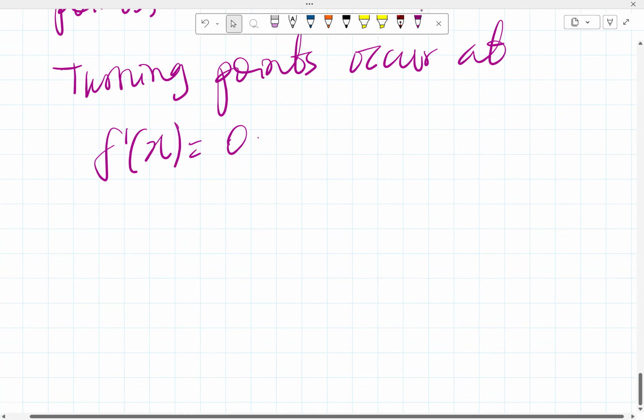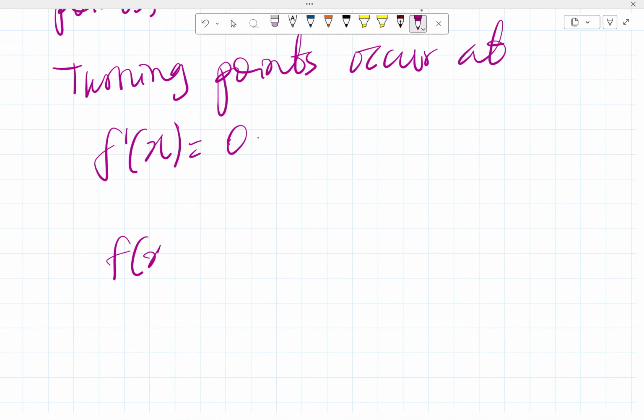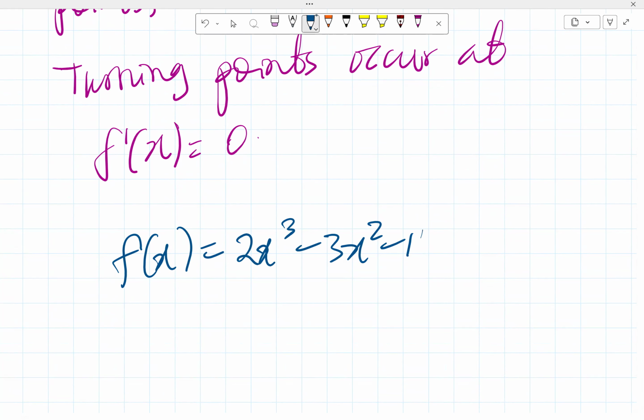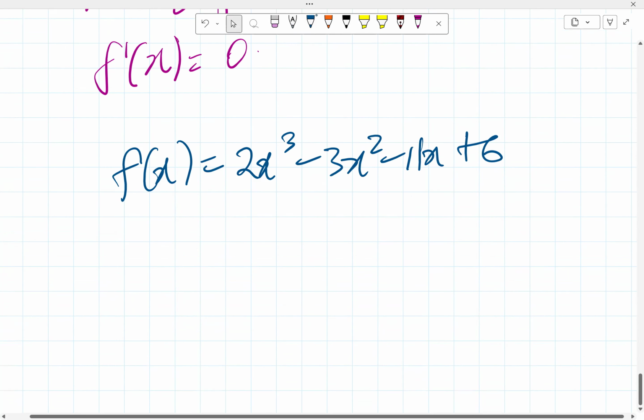So here now you have f of x equal to 2x cubed minus 3x squared minus 11x plus 6.